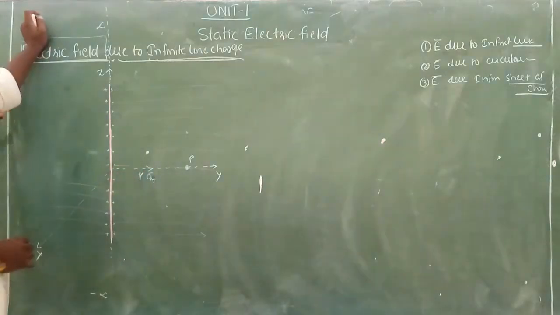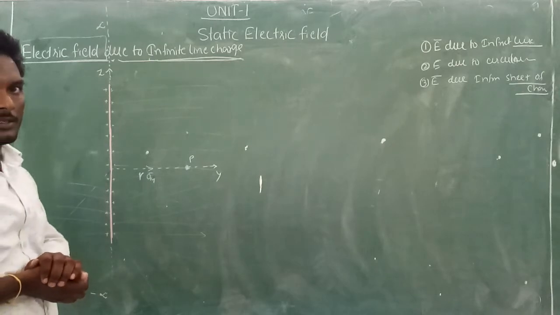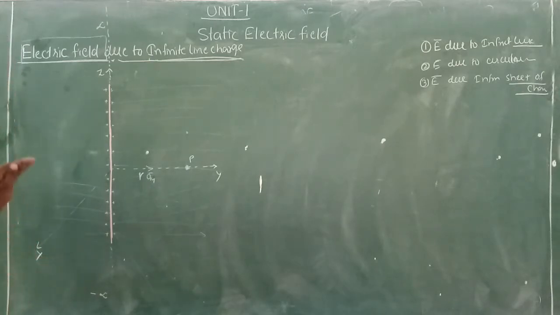And see, in the previous lecture I discussed the electric field due to line charge, where we wrote the expression for electric field due to line charge. Suppose it is a finite length, how can we write the expression for electric field intensity?